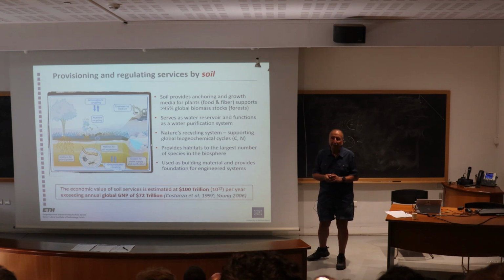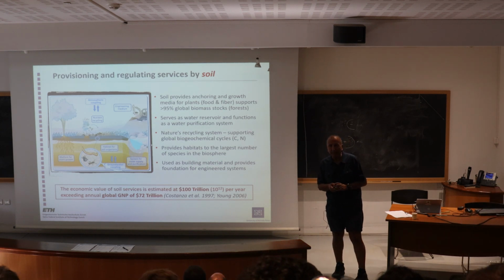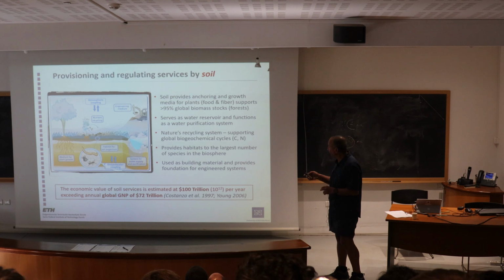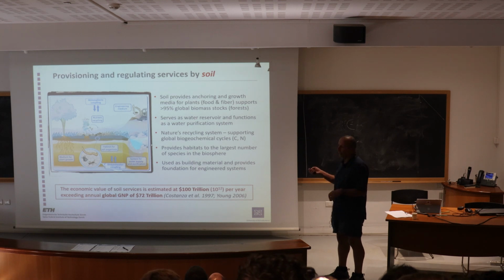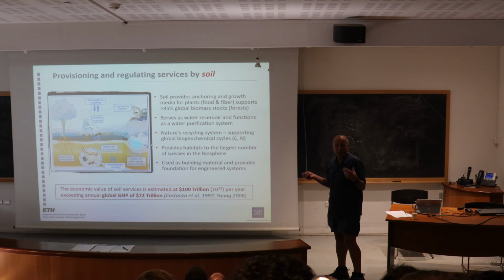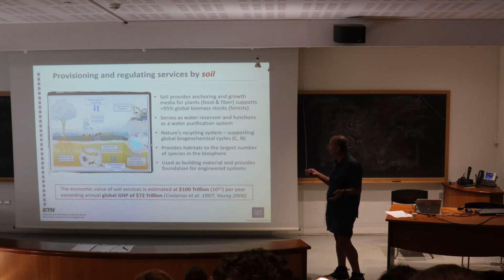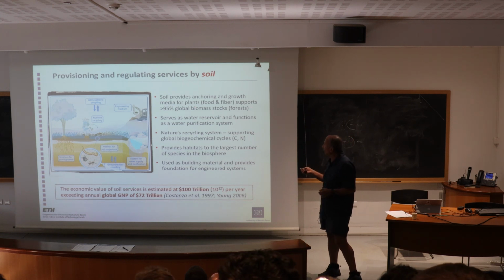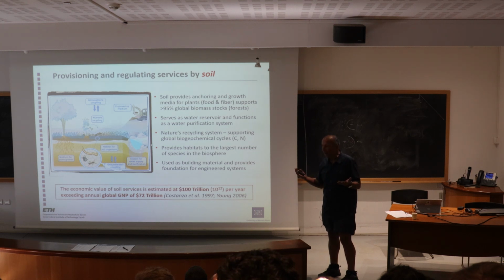Just to highlight the importance of these domains for life support, I'll mention some boilerplate language we use when we talk about how soil is important. It provides anchoring and growth media for plants, which are most of the biomass on the planet.